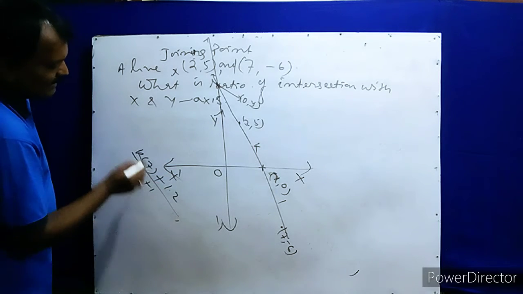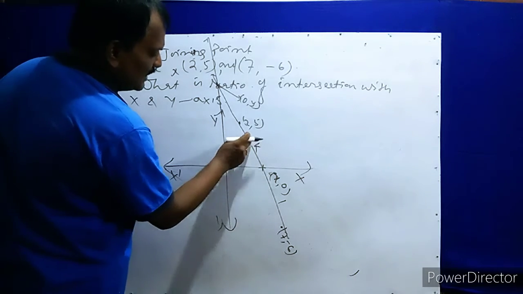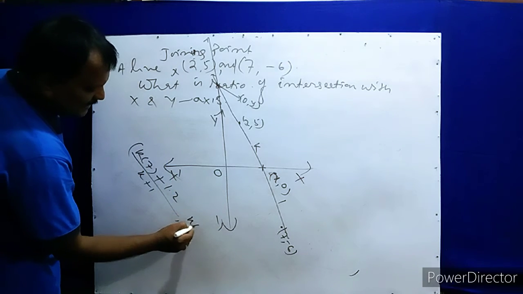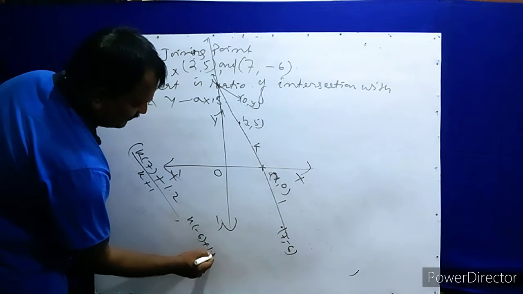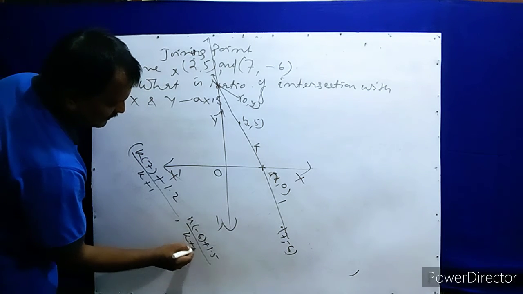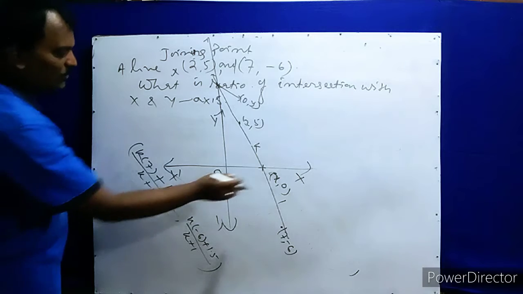This is for x. And the second is k into minus 6 plus 1 into 5 by k plus 1 again. This point is equal to this x0.